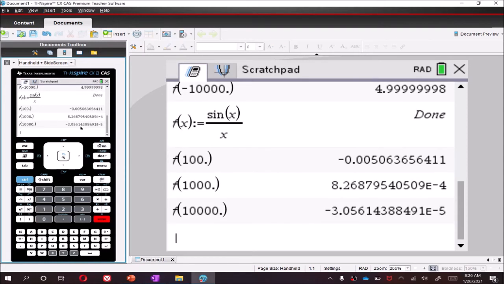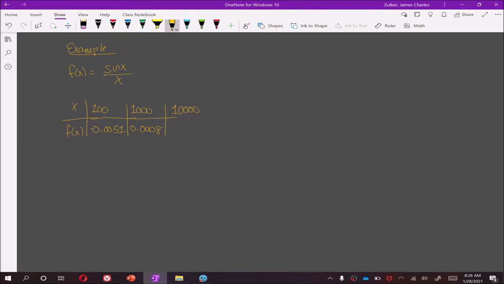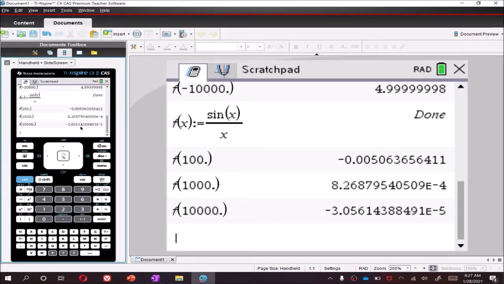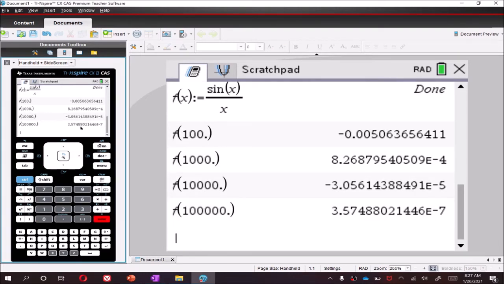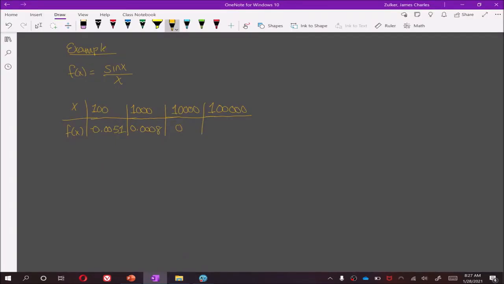That is a negative 3, right? So it'll be a 3 preceded by 5 zeros, and it's negative. That's close enough to 0 for me. I'll just say 0. And let's look at one more. 100,000, just to see what happens. And so that is a 3 preceded by 7 zeros. So again, that's close enough to 0 for me.